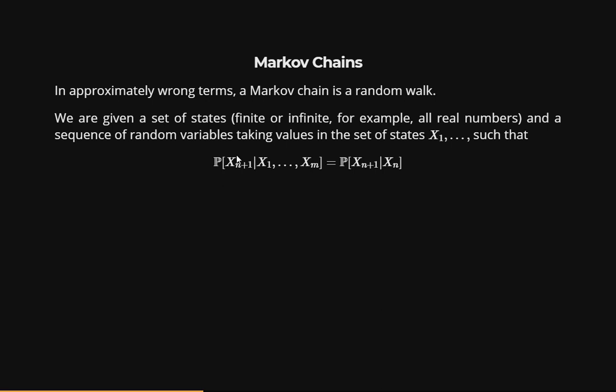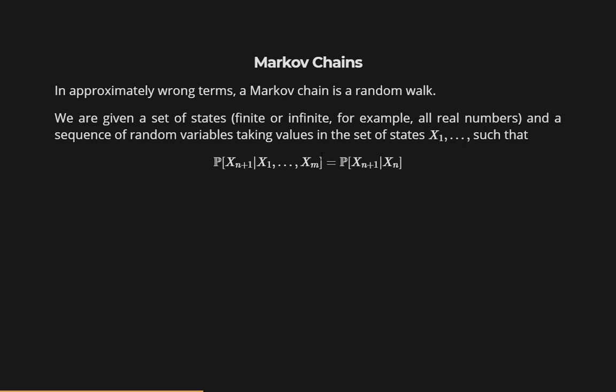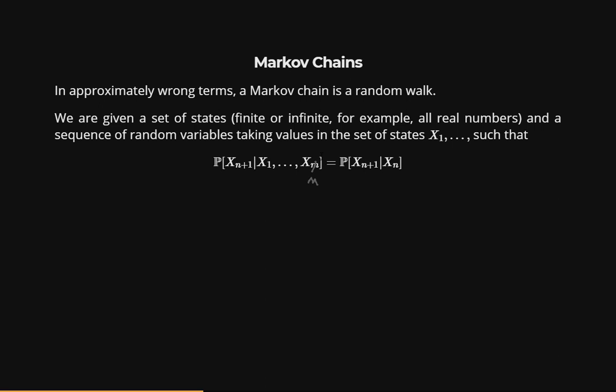This means that the conditional probability of the n plus 1th step with respect to the past, to everything that happened before, here is an n, not an m, so the conditional probability of the n plus 1th step with respect to all the previous ones is equal to the conditional probability of the n plus 1 step with respect to the previous one. So that means that each step depends only on the previous one.